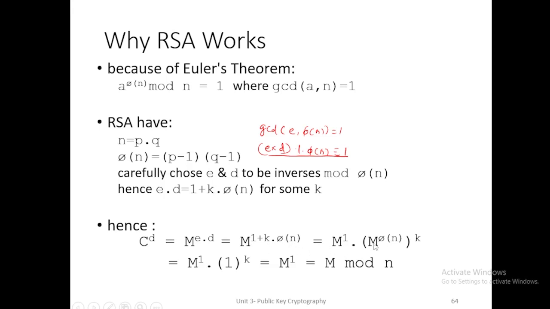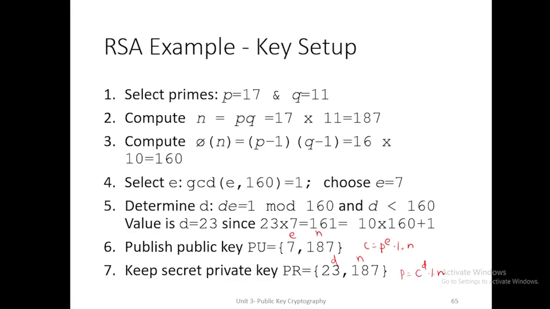The k into phi of n can be rewritten as m to the power phi of n, whole power k. Just as a to the power phi of n mod n is 1, m to the power phi of n mod n is also 1. So 1 to the power k is 1, m power 1 is m, and m mod n is the resultant value. So if we use c power d mod n, we can retrieve m. This is the proof for RSA decryption.